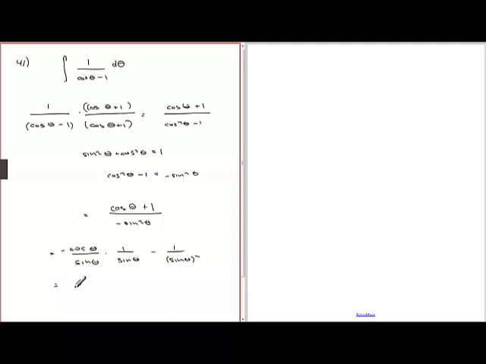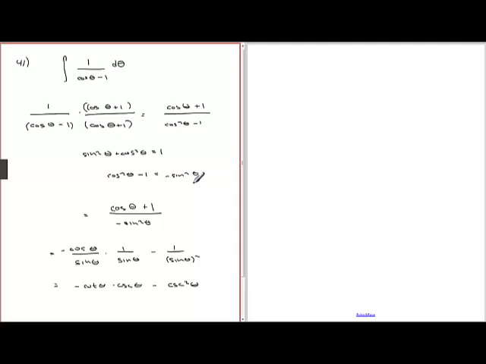So we get negative the cotangent of theta times the cosecant of theta, and 1 over the sine is the cosecant, so we get minus the cosecant squared of theta. So that is the result.